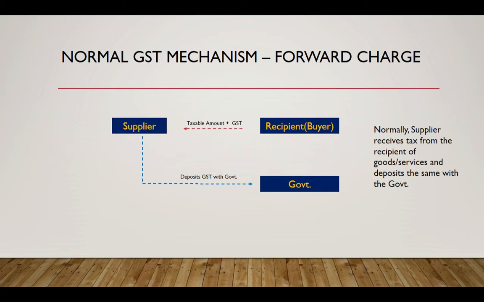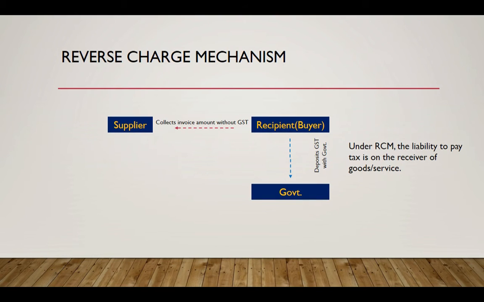But in case of reverse charge mechanism, the recipient pays the invoice amount without the GST component to the supplier, and he is required to deposit the GST from his end. So in reverse charge mechanism, the buyer is required to deposit the GST with the government.